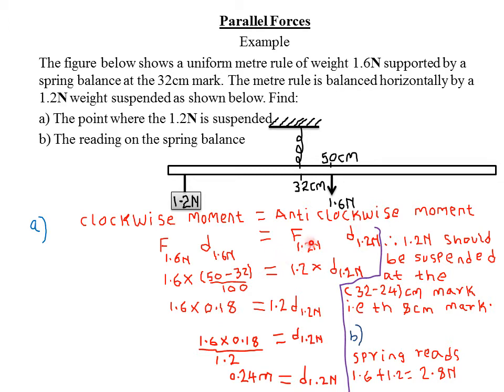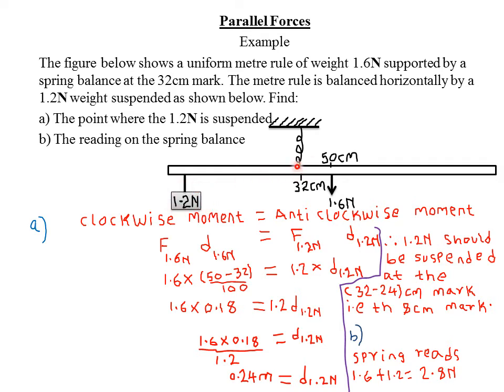Alternatively, the sum of anti-clockwise moments will be provided by a force which is causing the bar to move in the anti-clockwise direction. Remember, anti-clockwise is a direction opposite to the minute hand and the hour hand of a normal wall clock. So the anti-clockwise moment in this case will be provided by the 1.2 Newton force. Why?